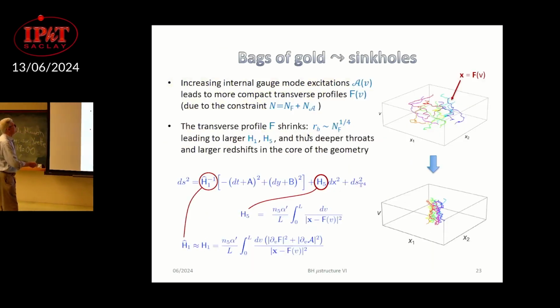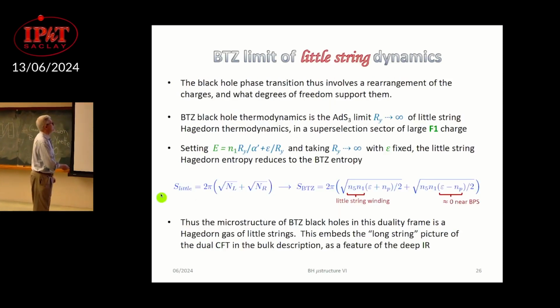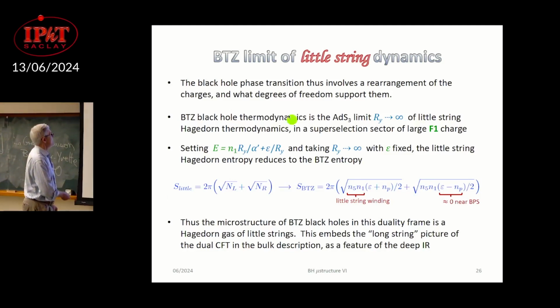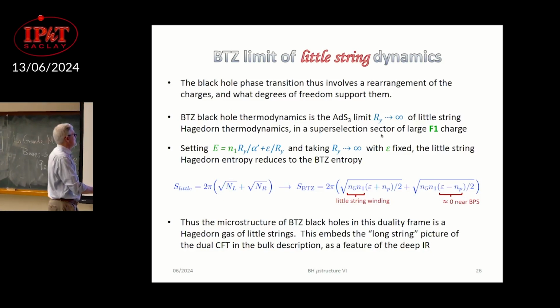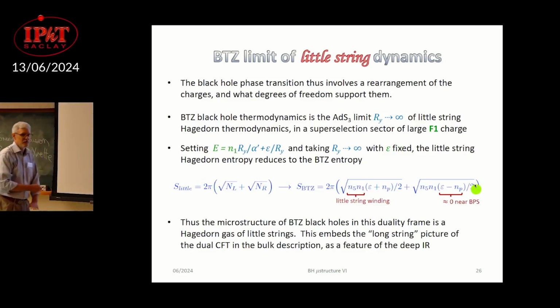If you take the Hagedorn equation of state of the little string with its appropriate tension, and you say, I'm going to ask that the little string carry the winding and momentum charges of the background, and I just take this naive formula for the entropy of a string-like object in 6 dimensions, and you take the limit that we want, the AdS3 limit, which is to take the radius of the circle big, so that the AdS3 region now covers everything, then this black string entropy formula becomes the BTZ entropy, very directly.